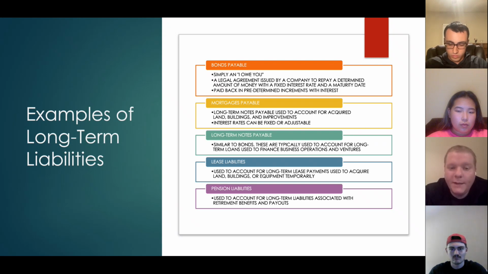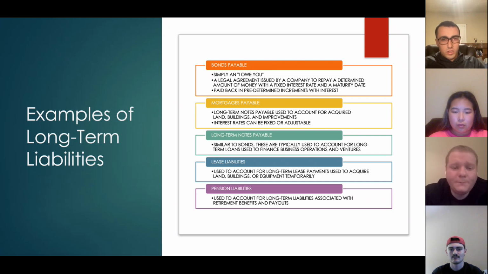Next, you have mortgage payables, which is simply like if you finance a building to run your operation out of, you have to pay your mortgage every month. And those interest rates are usually fixed or adjustable depending on the agreement. Next, you have long-term notes payable. They're similar to bonds. These are typically used to account for long-term loans used to finance business operations and ventures.